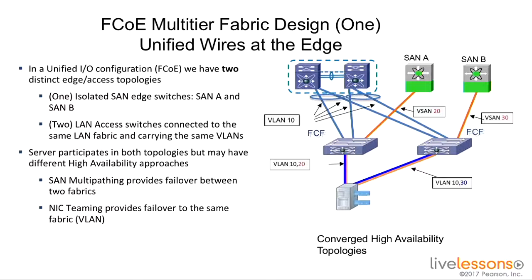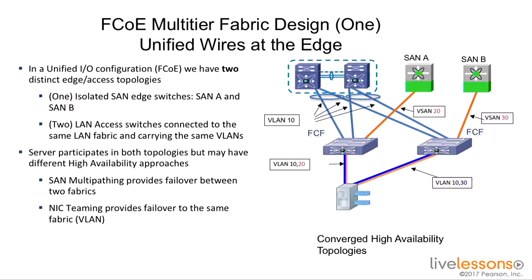In this case, we're taking devices that used to require multiple network adapters, both Ethernet and storage adapters, as well as Ethernet cables and Fibre Channel cables, and we're converging those to two high-speed 10 gigabit Ethernet connections. And we're allowing both protocols to run over the same network.